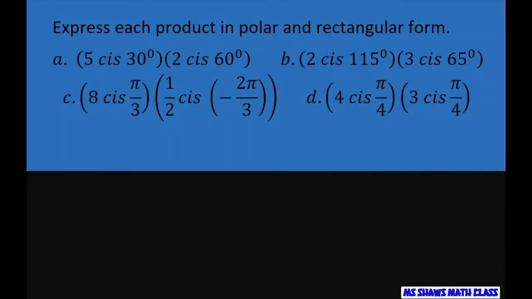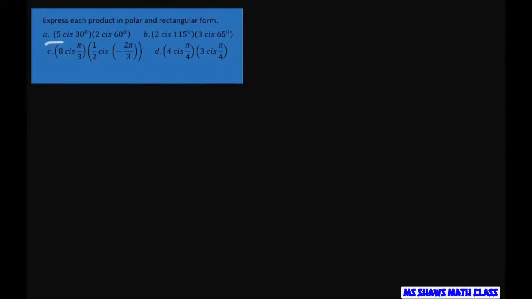Hey everyone, we're going to express each product in polar and rectangular form. So basically what we do is we multiply these two numbers and we add the angles. To get started, we'll just do this one.